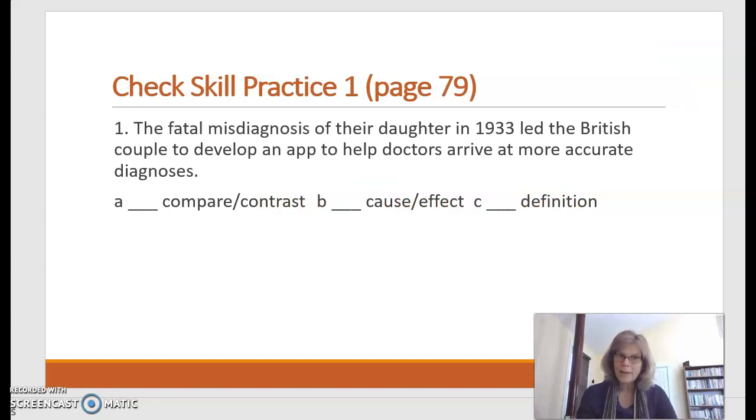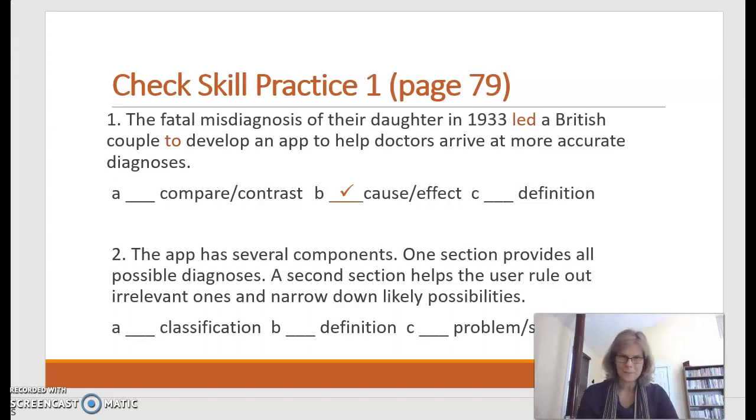So the first one, as you look at that, what is the signal word that comes out to you? If you said led to something else, then you saw that this is talking about a cause and an effect, right? The misdiagnosis of their daughter led to building a new app to help doctors.